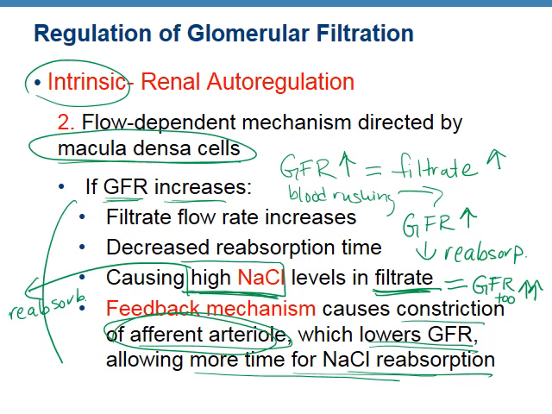So then the macula densa cells, if this kicks in, if the afferent arterioles are constricted, if your glomerular filtration rate goes down, if you have more time to reabsorb sodium chloride, then your sodium chloride concentration should go down, and your macula densa cells will see that and think everything's fine.